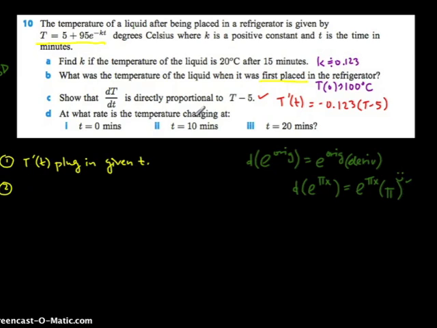The other option you have is to say, wait a minute, I remember that in part C, we found a relationship between the derivative and my actual temperature at that time. So I could find T first, so this isn't the derivative, this is the temperature at that time, find that first, and then plug into that derivative of temperature.